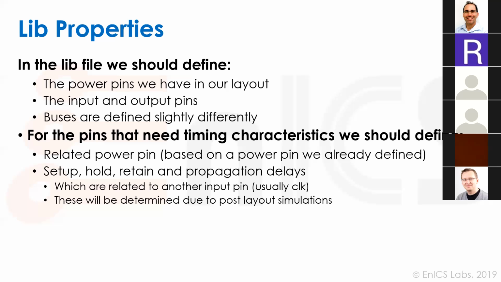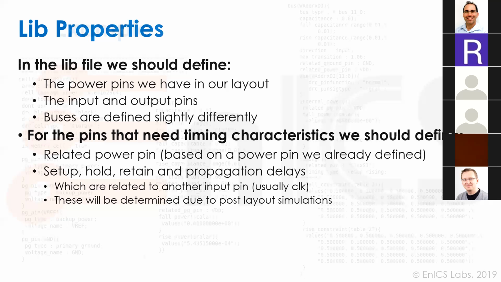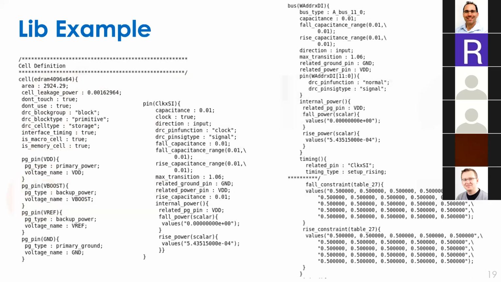And in the lib file, I'll show it in a bit, you need to define all the power pins you have. Supposedly you should know what the names are, all the input and output pins, and buses if you have buses. So you need to know what the buses are, what the lengths are, and what the names of these pins are. So here's an example of the lib file.